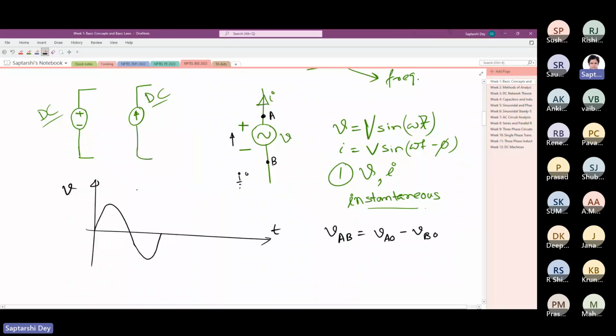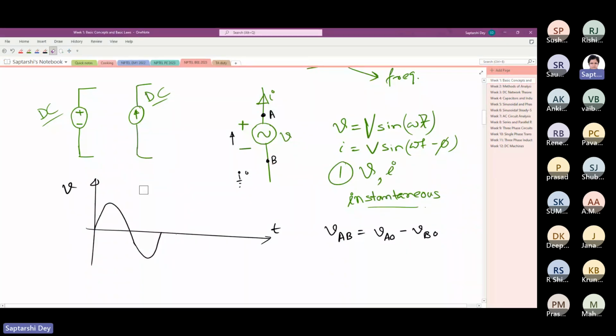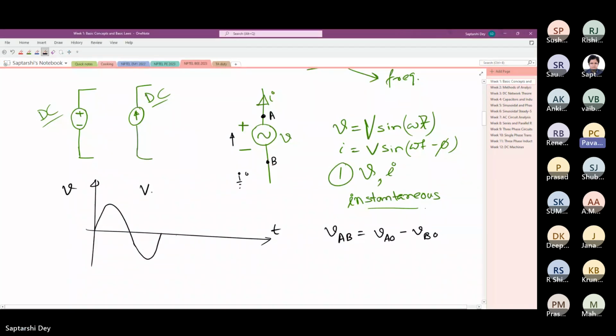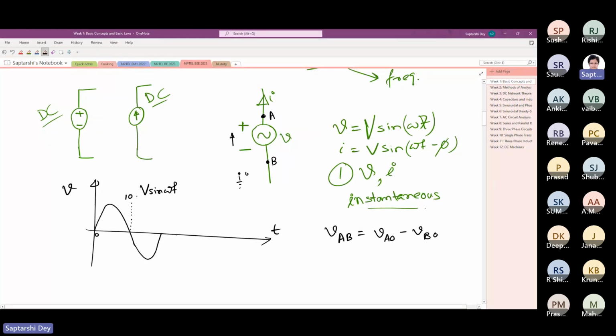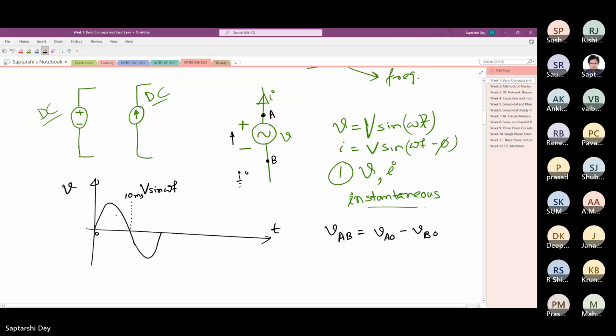Say when I say V equals V sine omega t. Right? Say up to 0 to 10 milliseconds. Let us say it is a 50 hertz supply. So 0 to 10 millisecond, the potential of point A was more than that of point B. How do I know that?